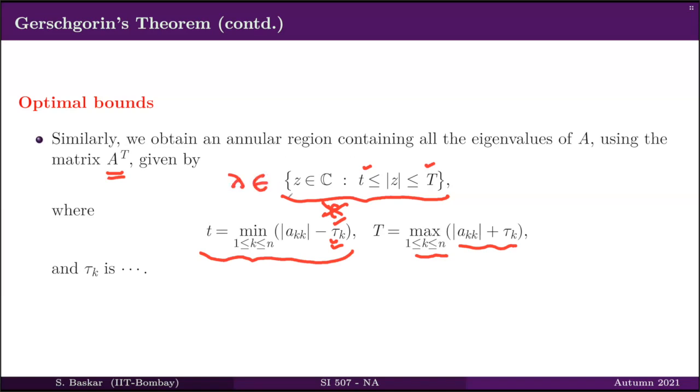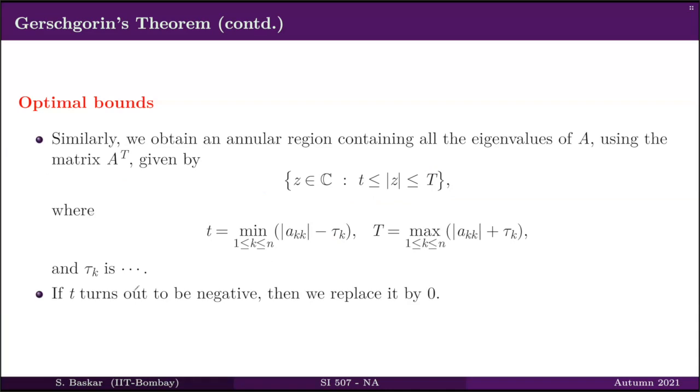Now, how will you combine these two annular regions to get an optimal bound for your eigenvalues? Let us see how to do that. Before that, the routine remark is that t may become negative. So you replace it by 0 if t becomes negative. That is just a routine remark.